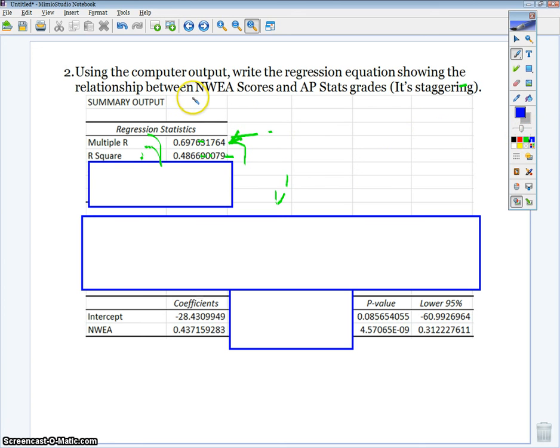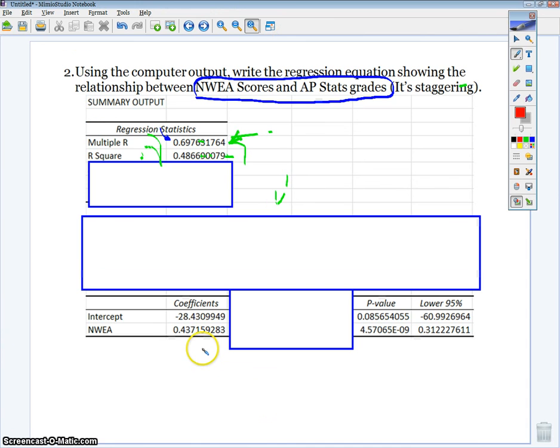Here we are looking at the association between NWEA scores and AP stat grades. Notice, again, 0.7 basically. It's kind of hard to find a correlation that high in the real world, but NWEA scores and AP stat grades are quite correlated. This is real data, by the way. I actually looked this up. I did the investigation several years ago.